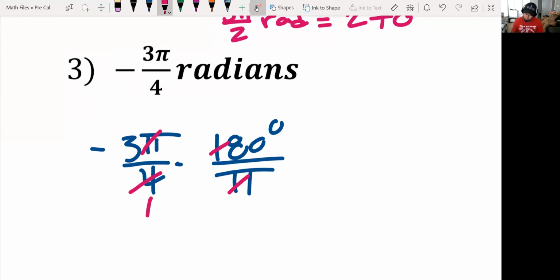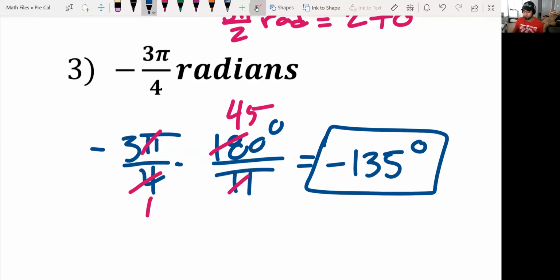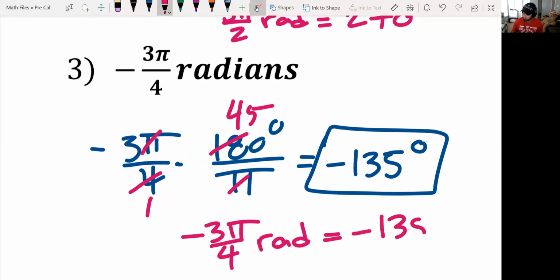And 3 times 45 is negative 135 degrees. Make the connection. Negative 3 pi over 4 radians is the same as negative 135 degrees.